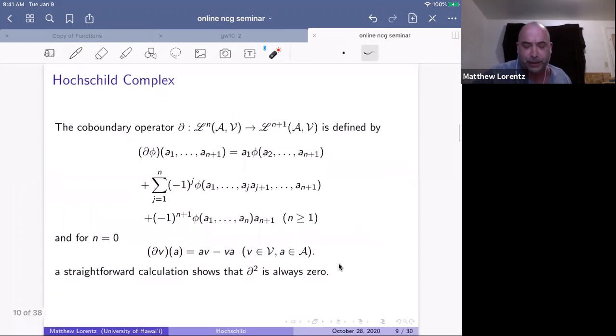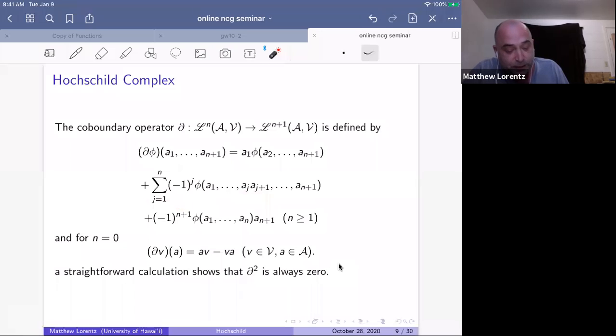So the coboundary operator moves up a dimension, and what that does is we take in n plus 1 coordinates, and then we turn it into a sum where the first coordinate comes out, and then we have this alternating sum where we're putting the j and j plus 1 coordinate together.